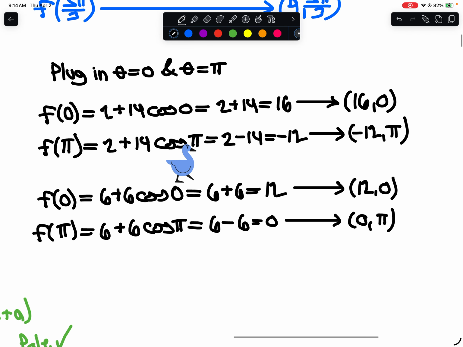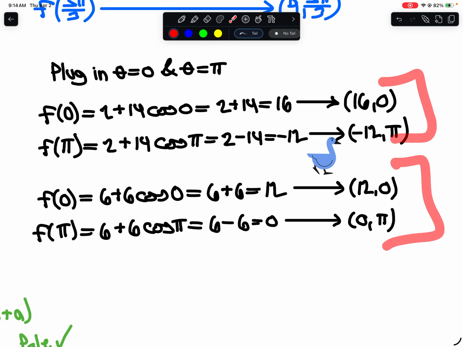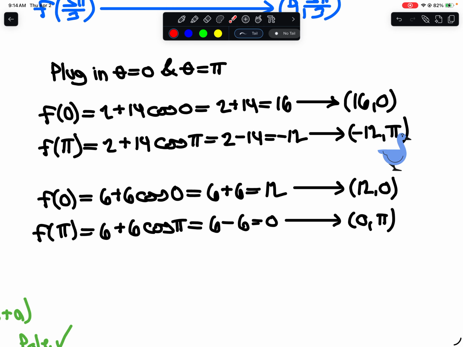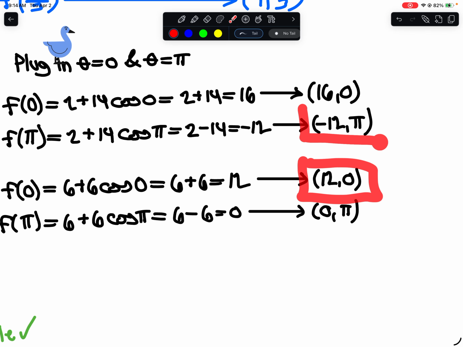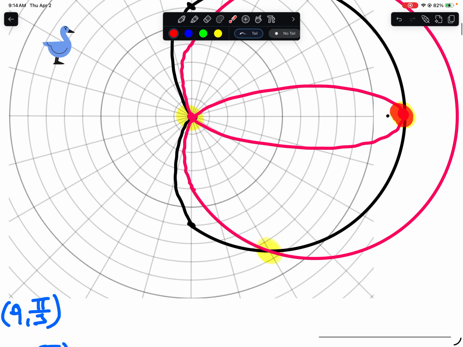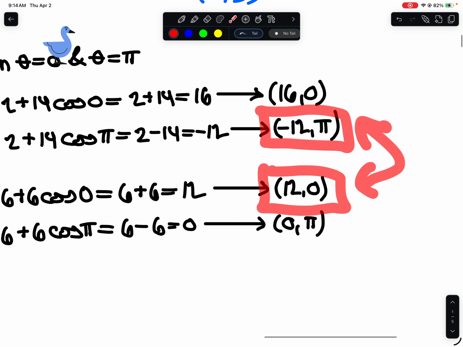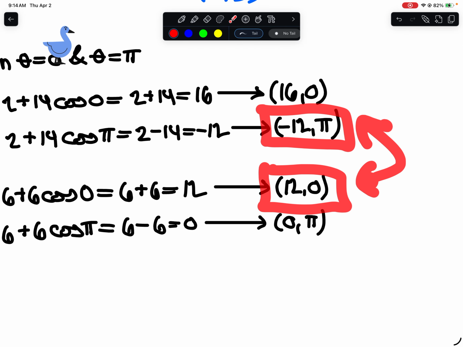So what I'm going to do next is look at these 2 sets of points. I want to see if any of these points actually represent the same point. So if you look, we have 12 in the direction of 0 and negative 12 in the direction of pi. Those are actually going to generate the same point. And that is what's going to give you this point right here. So that is going to be your other point of intersection.